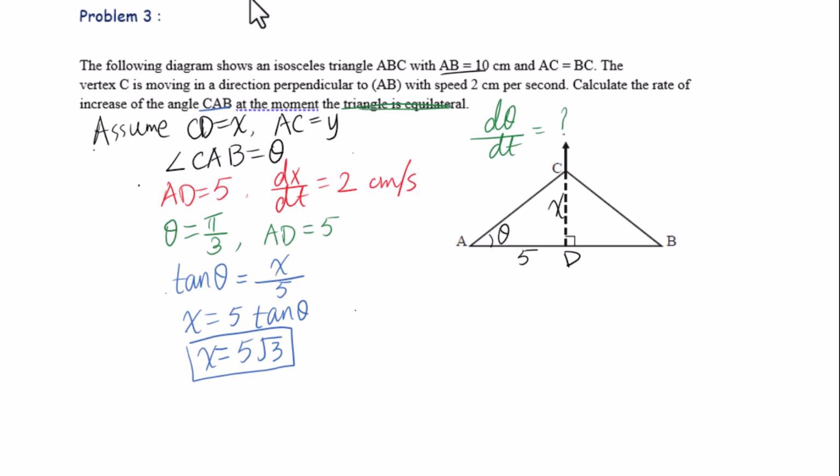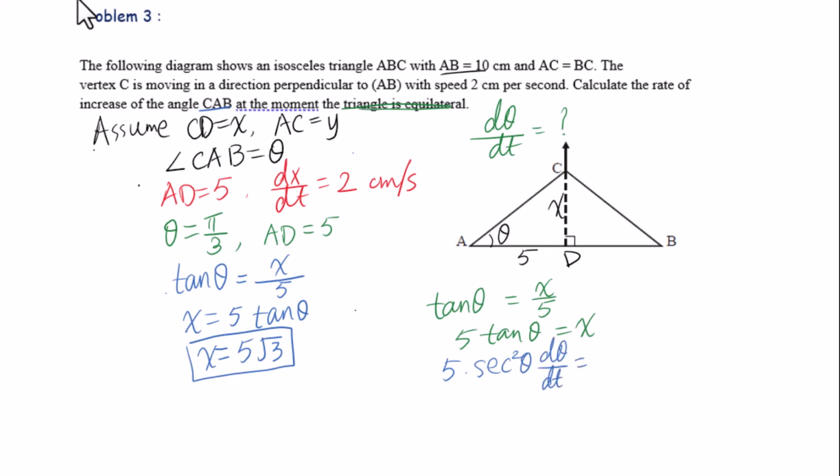Since dx/dt is given, we need to find the relationship between x and theta. That is tangent theta equals x over 5. So 5 tangent theta equals x. Take a derivative with respect to t, both sides. 5 times secant squared theta d theta/dt equals dx/dt.